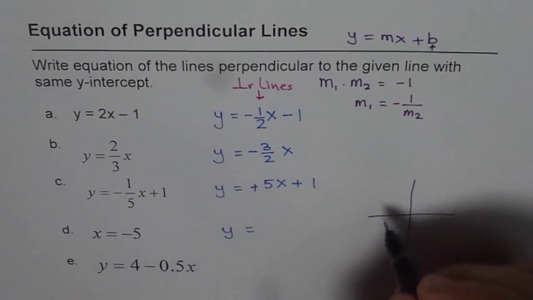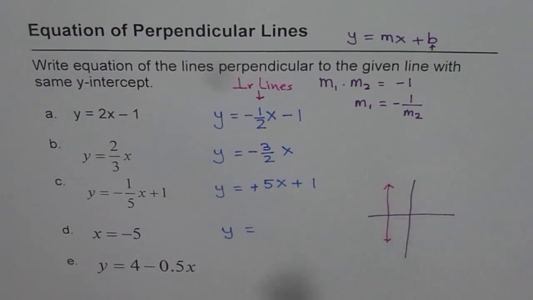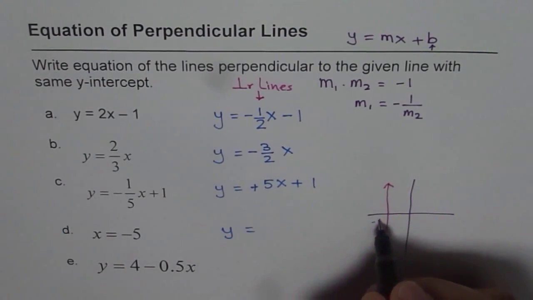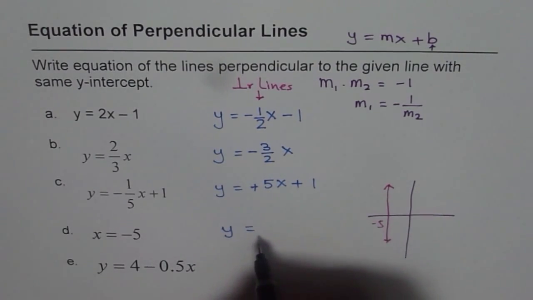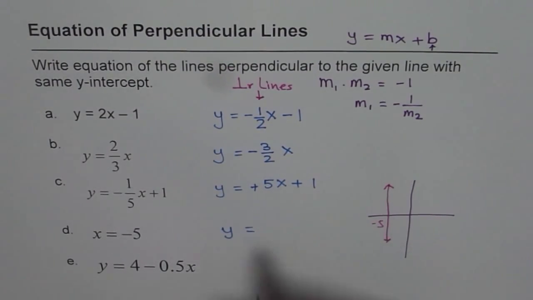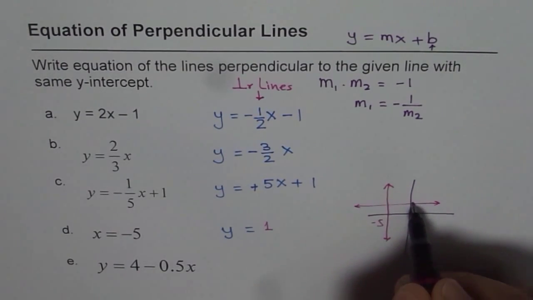In fact, it does not really qualify for, okay, x equals minus 5 is kind of like this. You can see there is no y-intercept, right? So for the time being, I'm just writing y equals, I can write any number here. Let's say y equals 1, right?